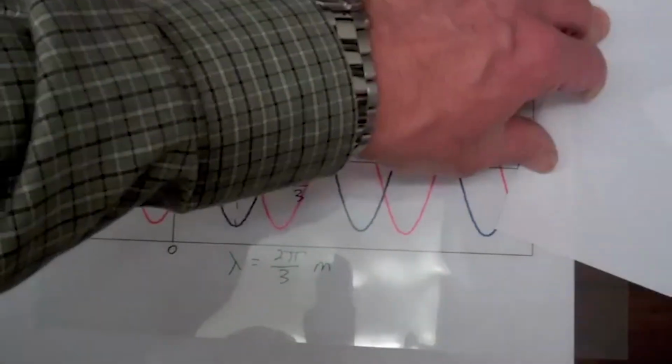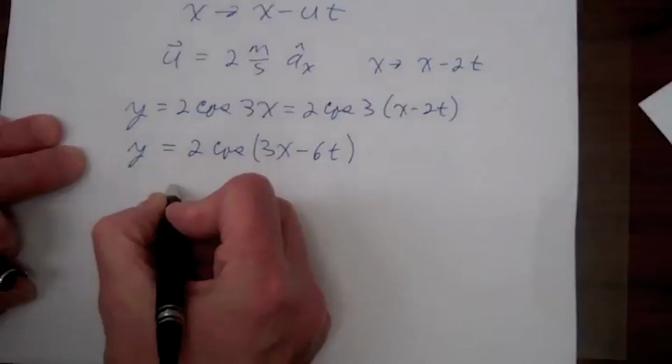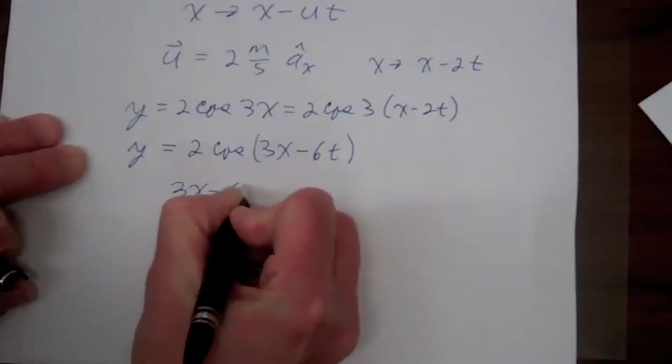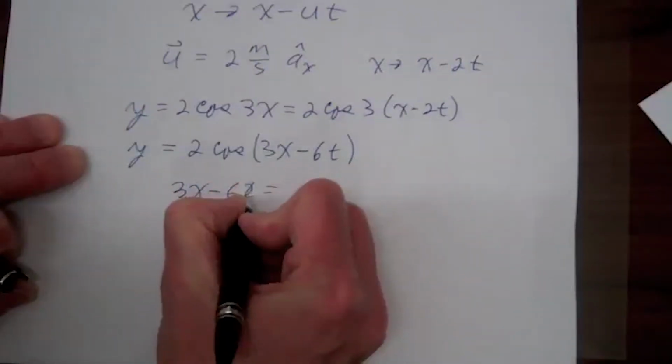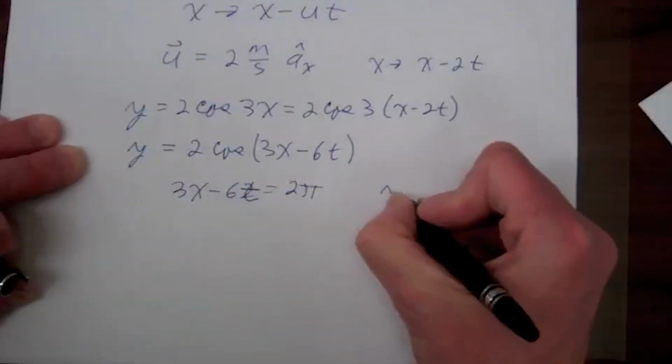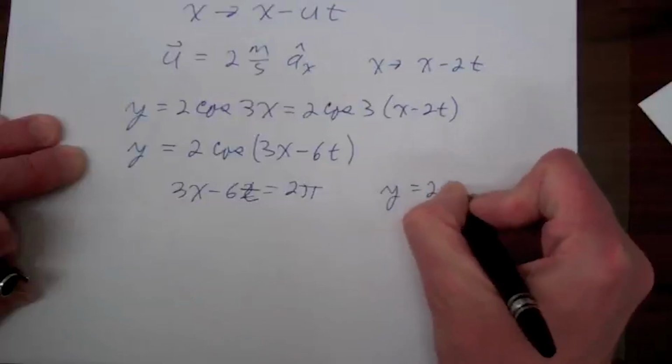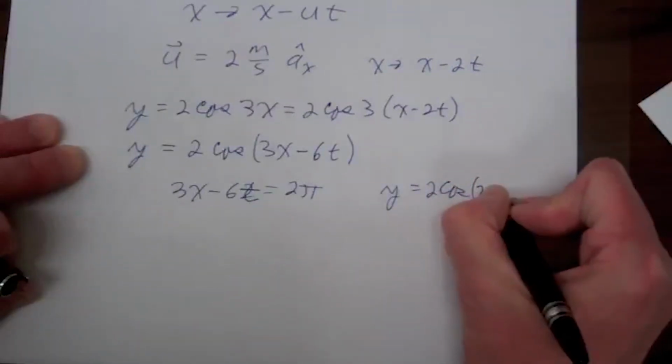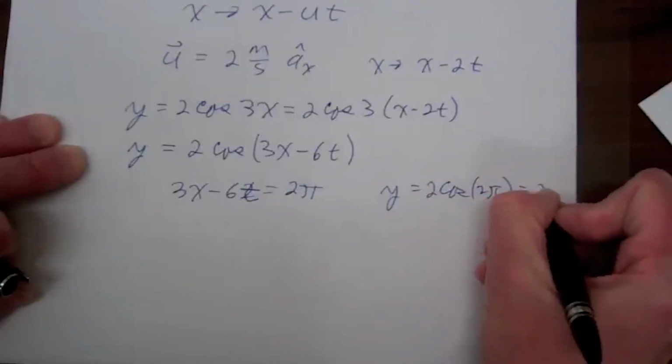So when the argument 3x minus 6t is equal to 2 pi, then y is equal to 2 cosine of 2 pi, which is 2.